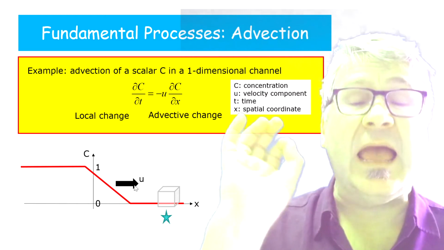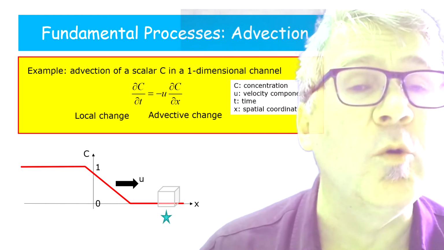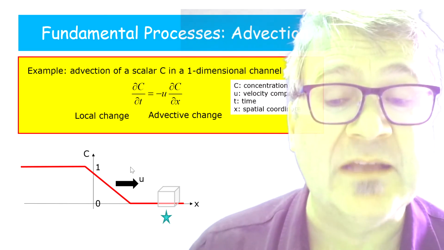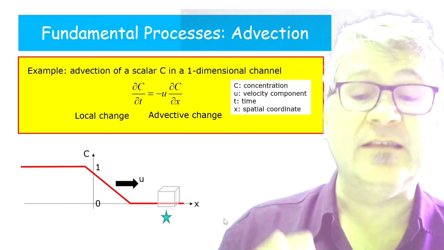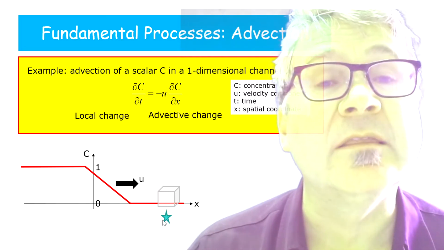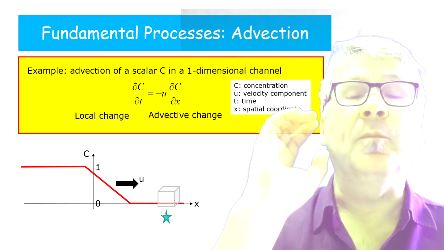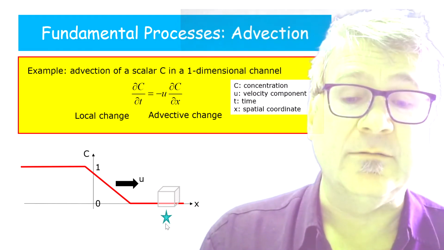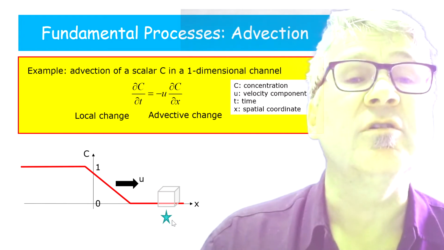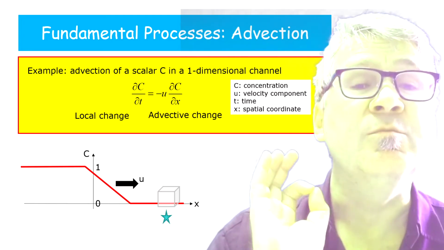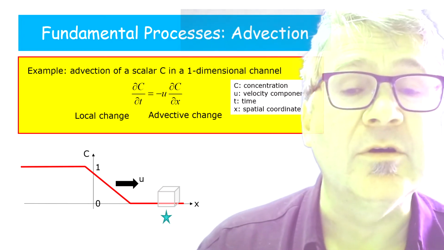This entire concept of advection only works at a fixed location. Imagine you are at this fixed location, marked by the star. You have a control volume here, and you observe the changes as this concentration field is moved past your location.